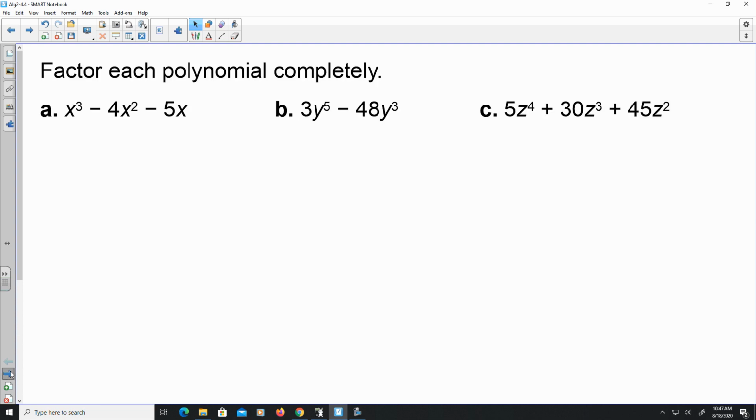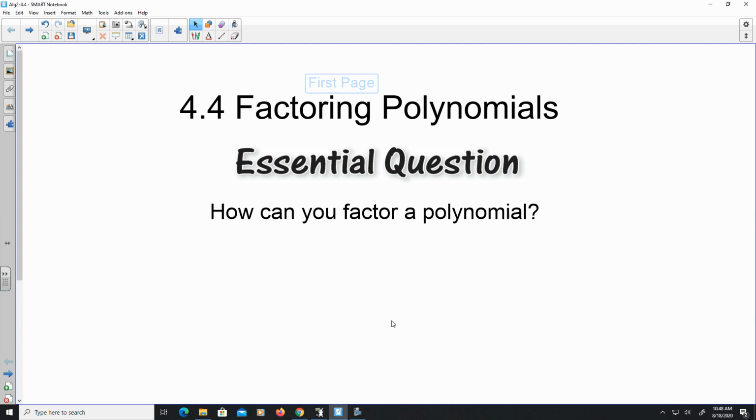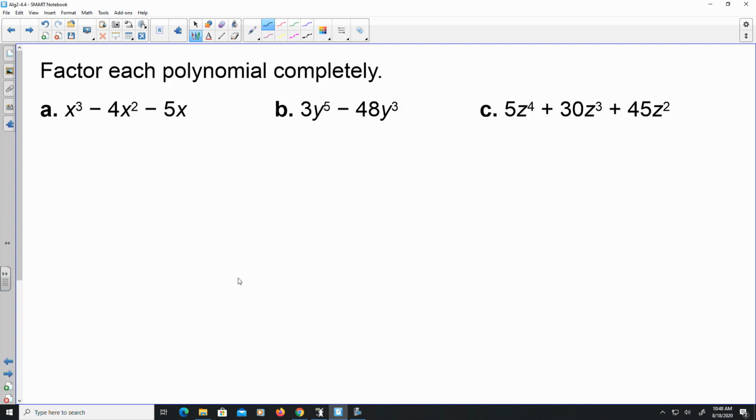So, looking at these examples here, we are going to ask you to factor these polynomials completely. So for part A, we have a trinomial, x cubed minus 4x squared minus 5x.